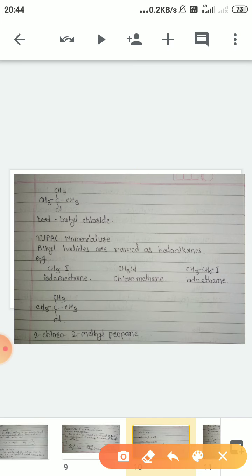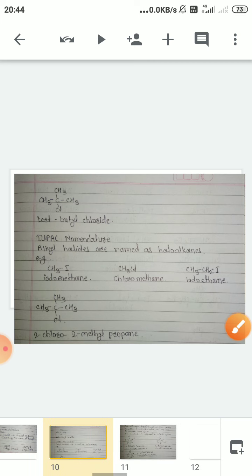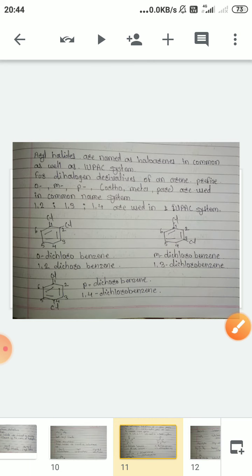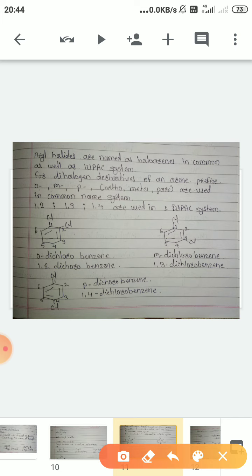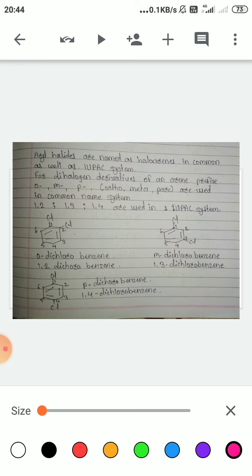Next we are going to see the names of haloarenes, that is, aryl halides. Aryl halides are also called haloarenes. Aryl halides are named as haloarenes in the common name system as well as in the IUPAC name system.